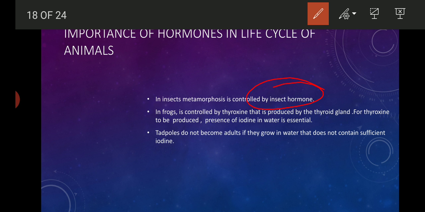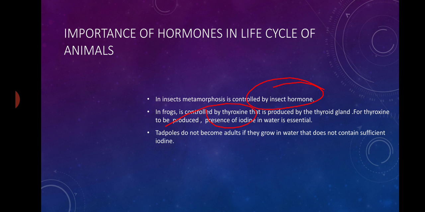In frogs, it is controlled by the thyroxine hormone that is produced by the thyroid gland of the frog. For thyroxine to be produced, the presence of iodine in water is essential, and if there is a lack of iodine in the water, then tadpoles do not become adults, and their growth is retarded.